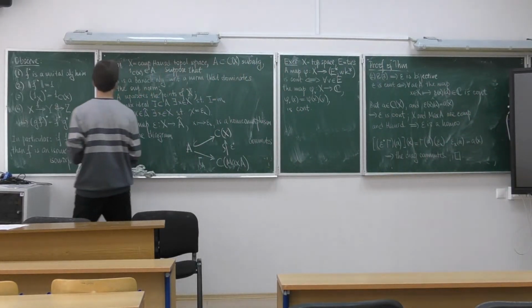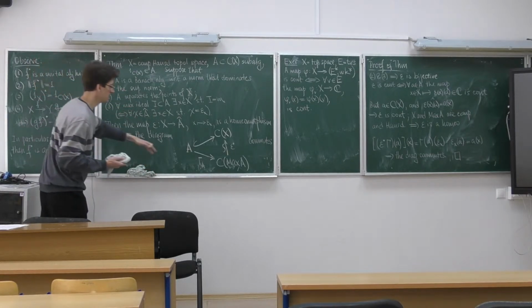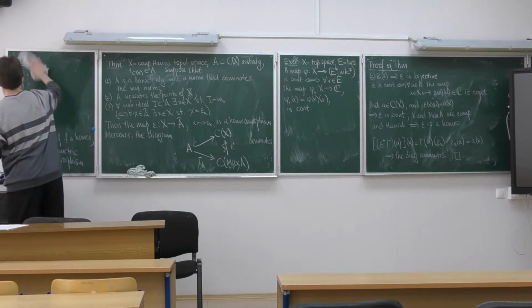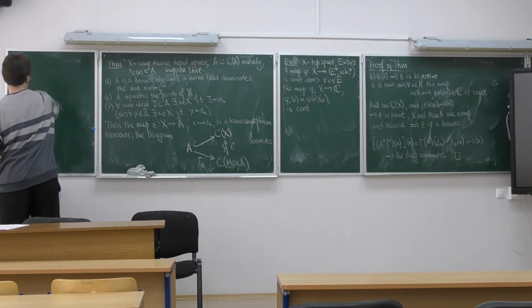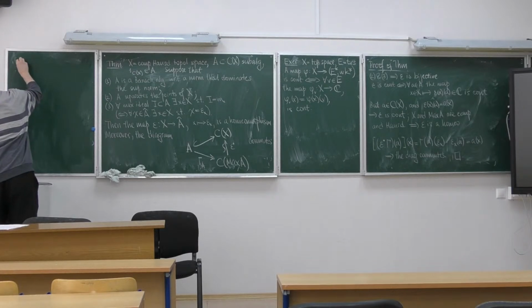So we see that for many natural subalgebras in C of x satisfying some reasonable conditions, the Gelfand transform becomes just the inclusion map into C of x. In particular, for the case where A is just C of x, we get the following corollary.